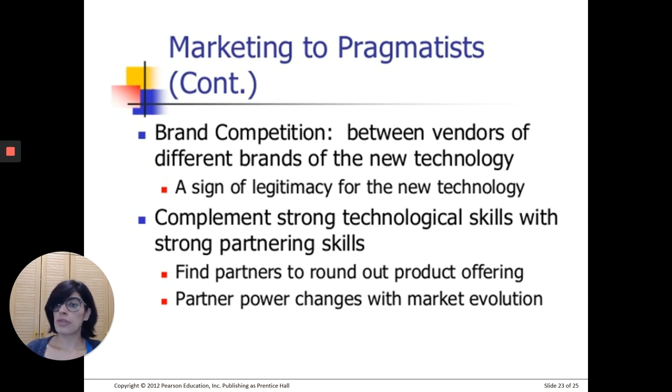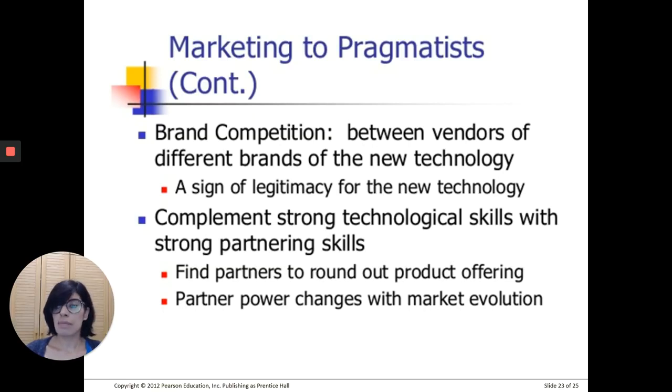There is brand competition, okay? So there'll be other people in the market that actually have a similar technology, if not the same technology you have. And if that exists, then it means that actually there is a need for your technology in the market. So it's a sign of legitimacy. You want to complement strong technical skills with strong partnering skills.